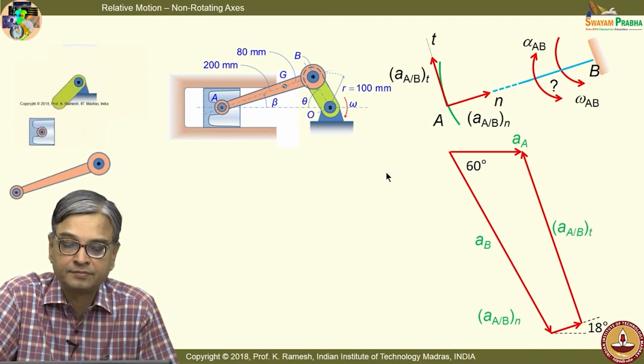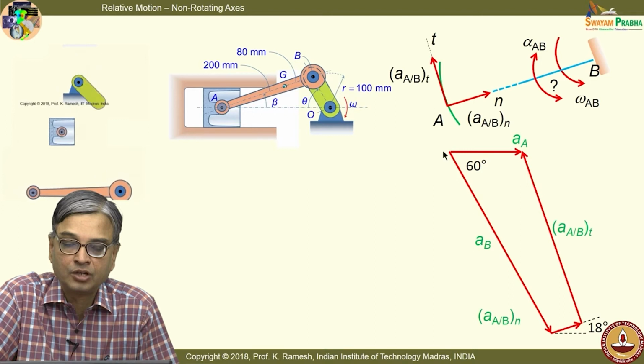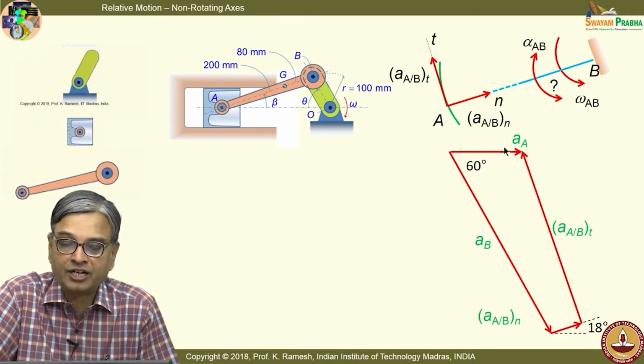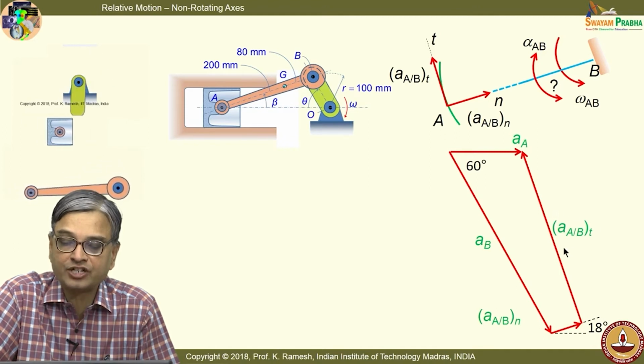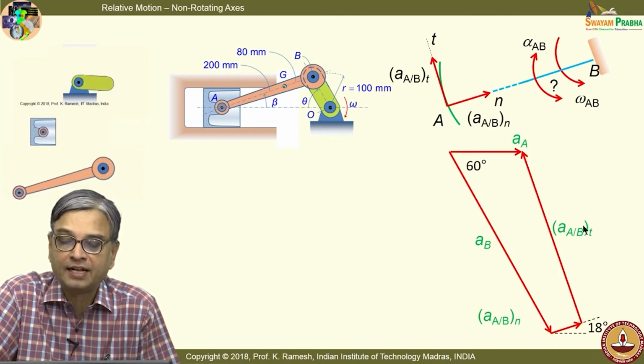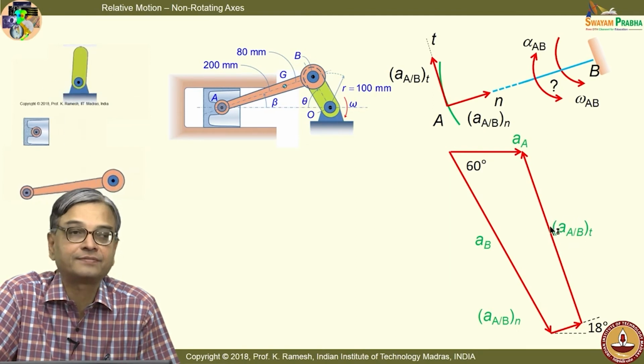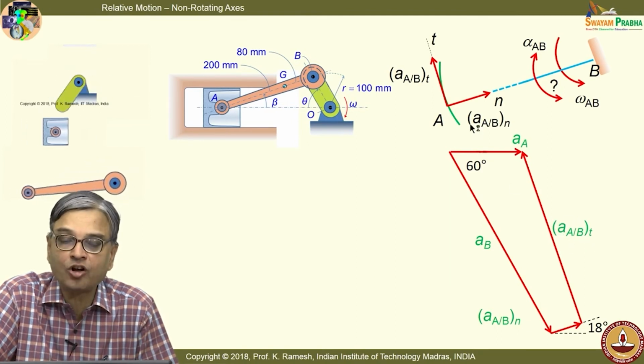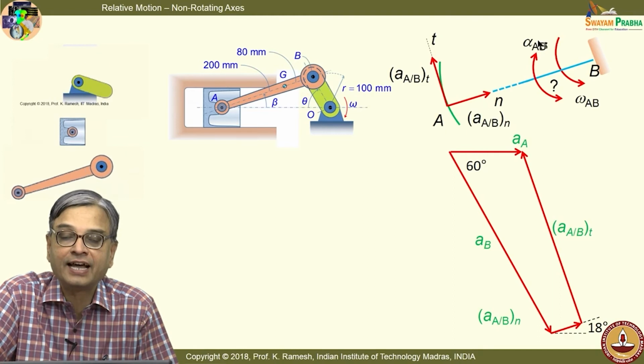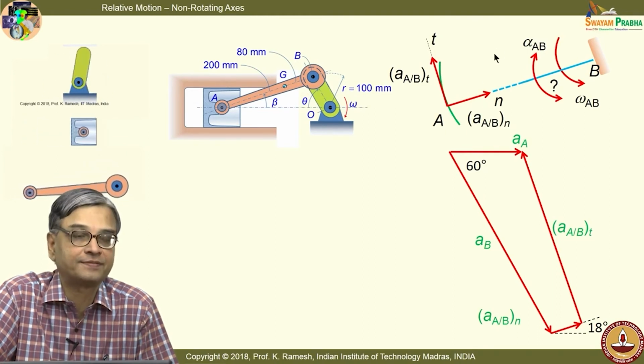And so, the acceleration of A is marked. So, this fixes the direction of the tangential component of acceleration. Once I know the tangential component of acceleration, the direction of alpha can be fixed.